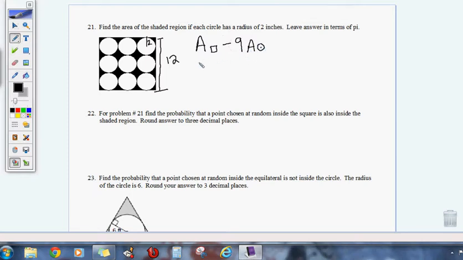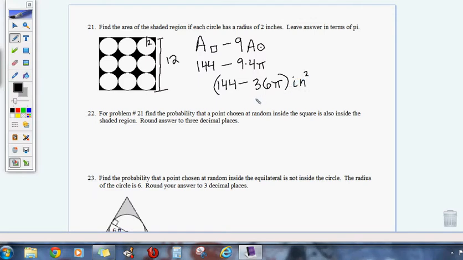The area of the square is 12 squared, which is 144, and we're going to subtract from that 9 times the area of one circle. One circle is pi r squared, which is 4 pi. One of the things we're testing here is to see if you're figuring out how to leave answers in terms of pi. So we have this number, and then we want to have inches squared because it's an area problem.